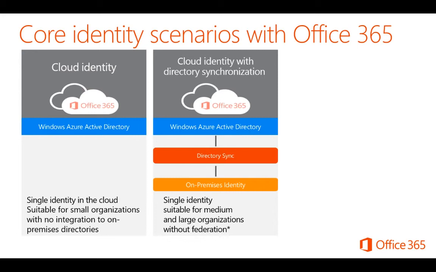So the solution that we recommend for those customers, and this is what probably most customers are running today, is to use DirSync, so that you can synchronize the users from the on-premises Active Directory up to Windows Azure Active Directory. So you have the same user with cloud services that may be provided on-premises. And this is typically what we see, again, for most customers today.